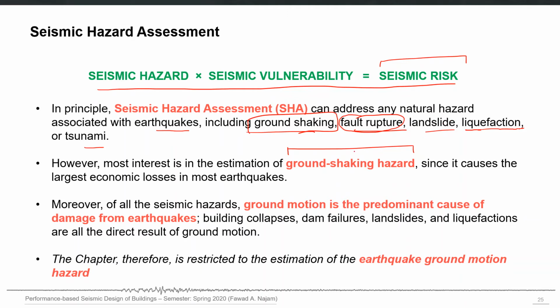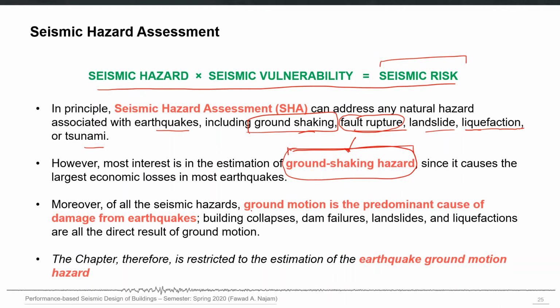But the ground shaking hazard is the very first and most important hazard which is caused by earthquakes. The shaking of the ground results in the damage of structures and also in the economic and social loss. So it is the most important hazard, and in this lecture we will be studying this hazard only.